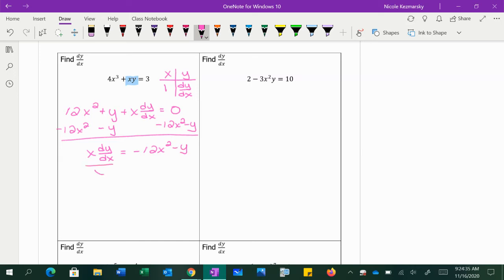And then we'll divide by x. So dy/dx is now by itself, and it's equal to negative 12x squared minus y divided by x.